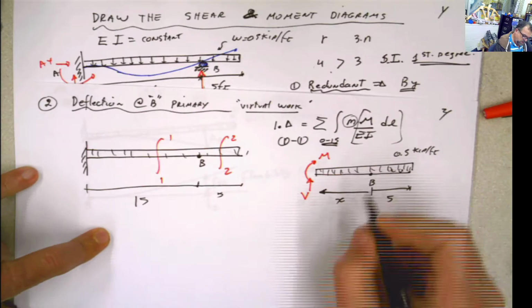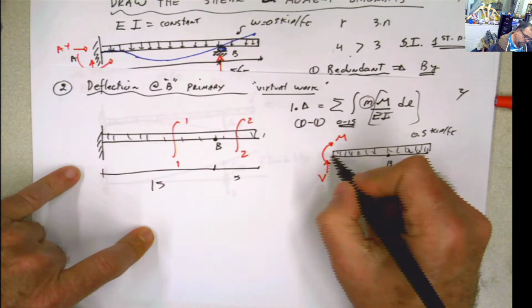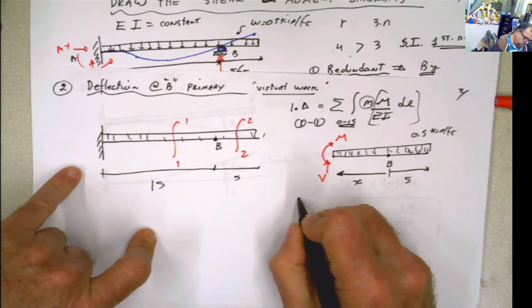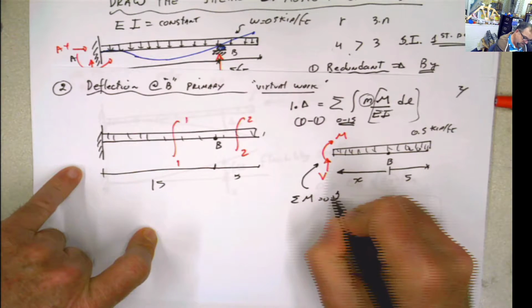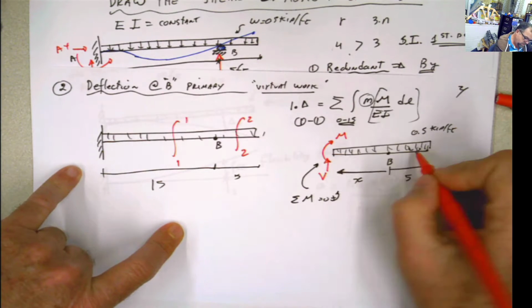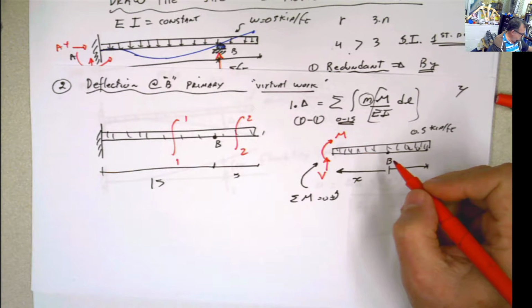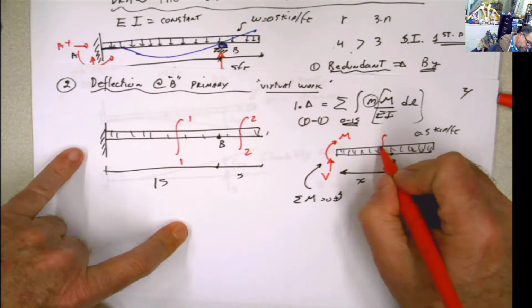So if we're going to do that for 1, 1, then we can do summation of moments here. Summation of moments there equals 0. Remember this is a force coming from this distributed load, and it's going to produce a concentrated force.